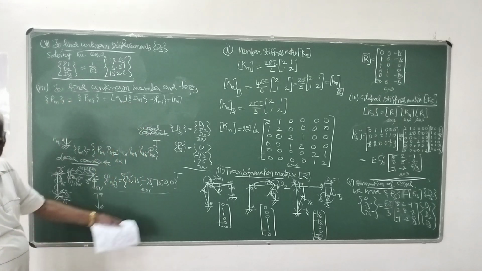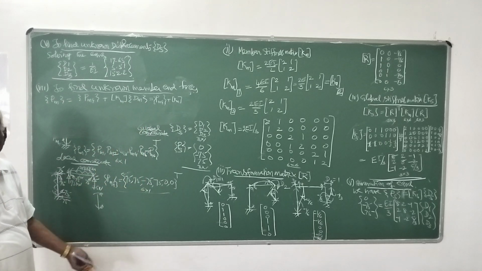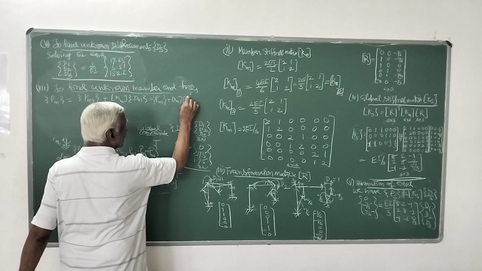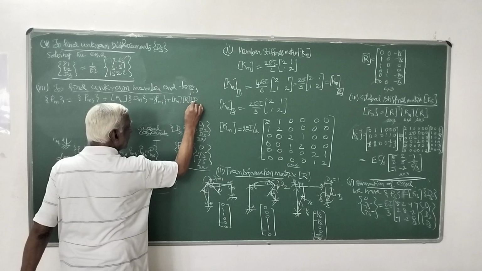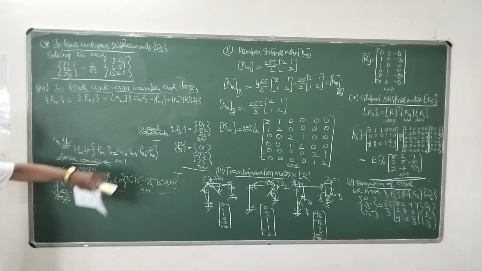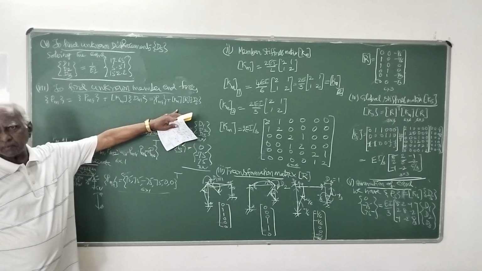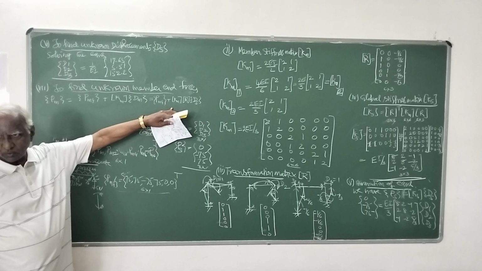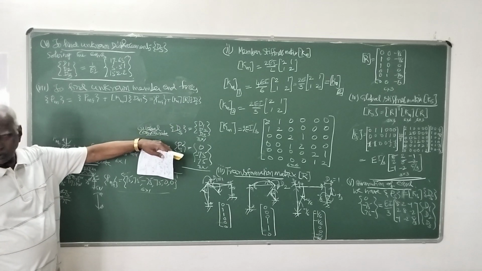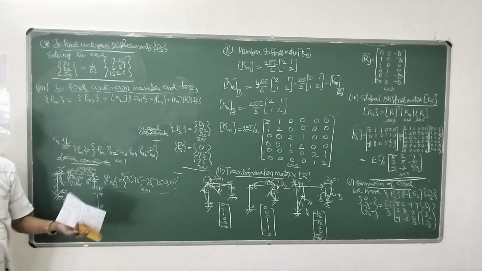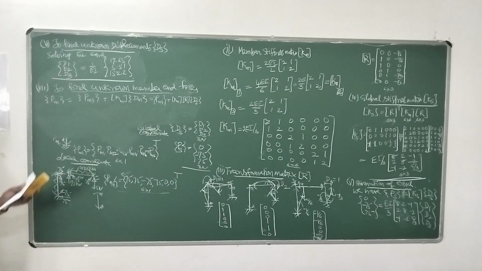Dm comes from the principle of contragredience, which I have already told: Dm is R into Ds, that is, the transformation matrix into the displacement in global coordinates, which you have determined. The transformation matrix you also know now. Km is already known, PMF is known. Everything is known, so you can find P. That's member N. That's all the problem.